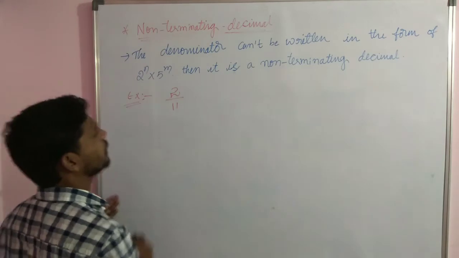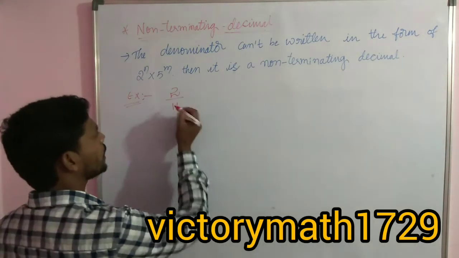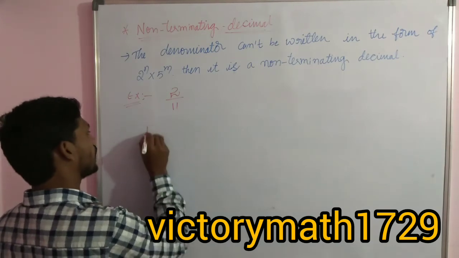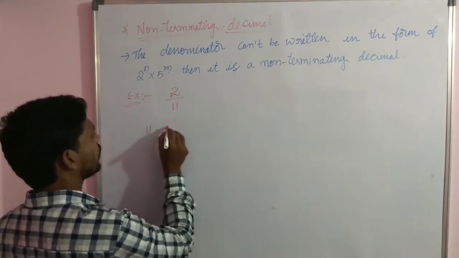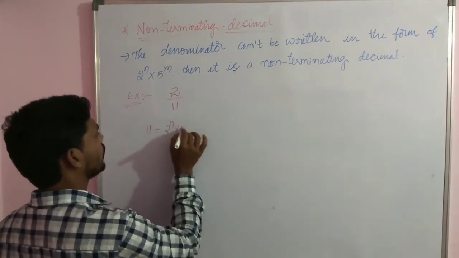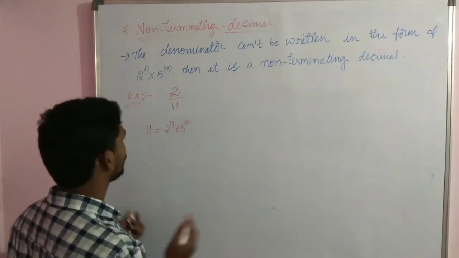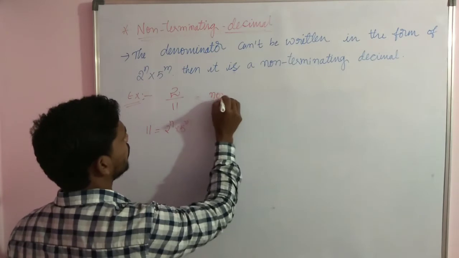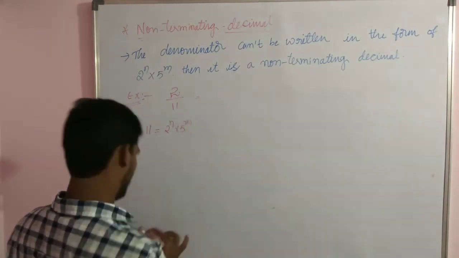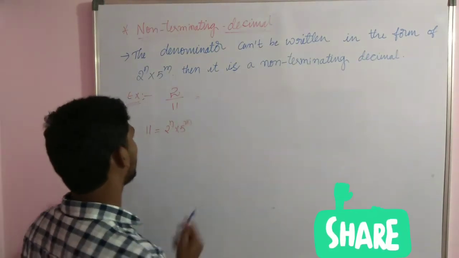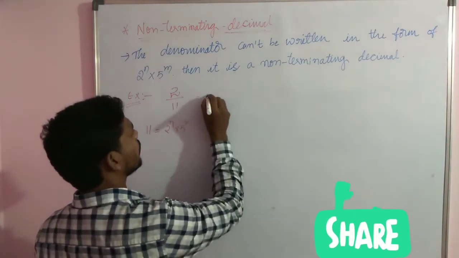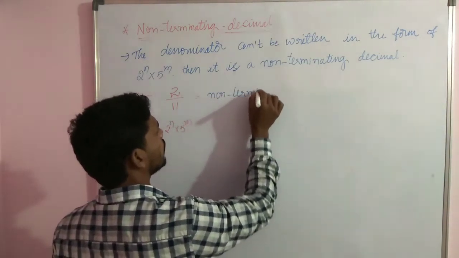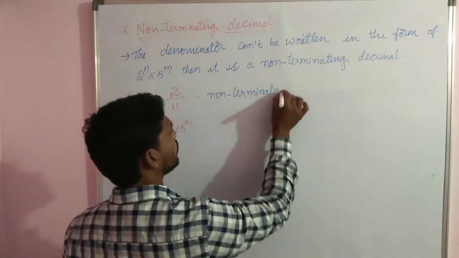2 by 11 is there. So here 2 by 11 is a fraction, but here the denominator is 11. That 11 cannot be written in the powers 2 power n 5 power m. So directly we can say that this given fraction is a non-terminating decimal.